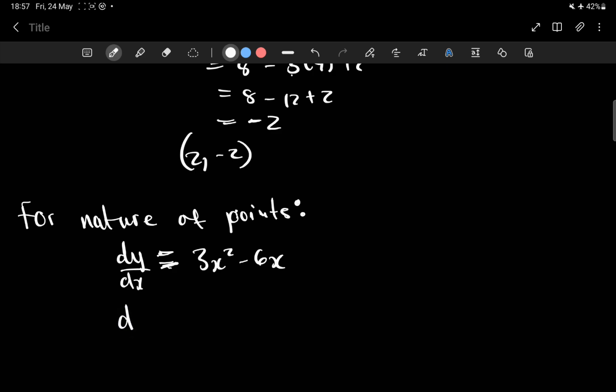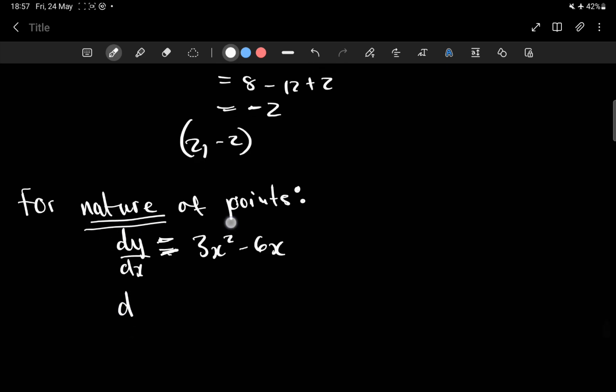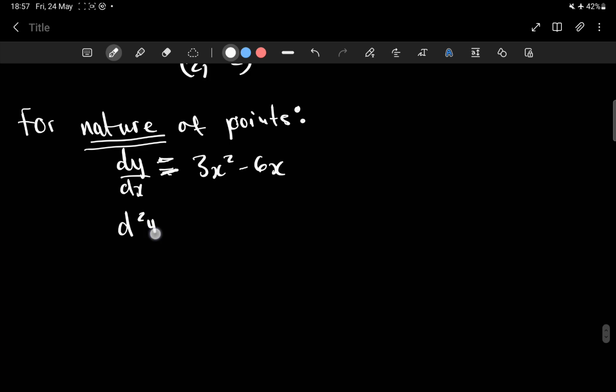That means for me to get the nature, I need the second derivative. So d2y dx squared is the second derivative. I differentiate this again. 2 times 3 is 6, x to the power of 1. Derivative of minus 6x is just minus 6.